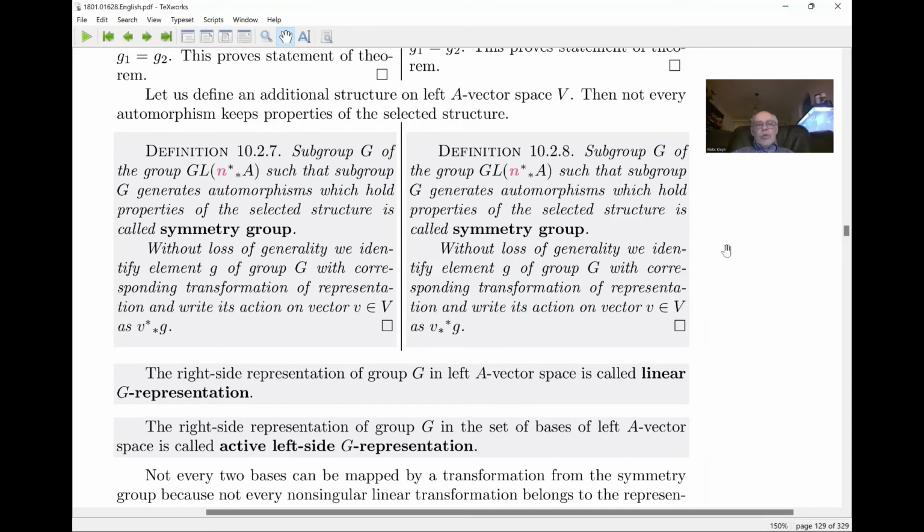Like in the case of group GL, we call the right-side representation of group G in the set of bases of left A vector space active right-side G representation.